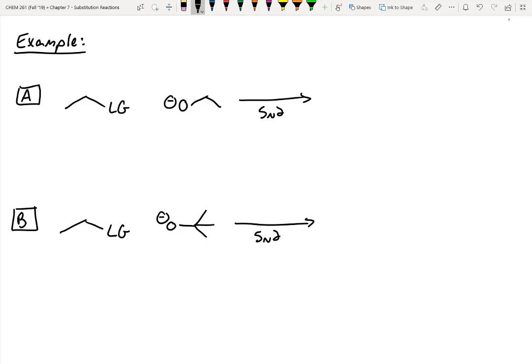So what will the first step be in an SN2 reaction? Well, does the leaving group fall off first in SN1 or SN2? That occurs in SN1. These are both SN2. So in SN2, we're going to show that backside attack, kick off our leaving group in both of these situations.